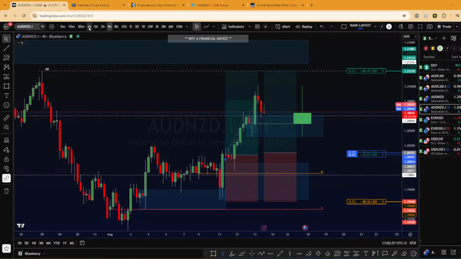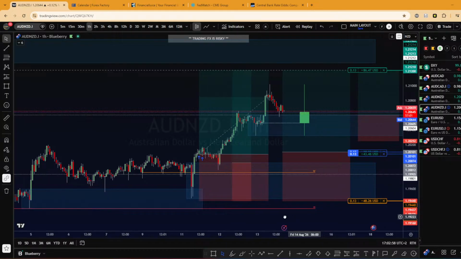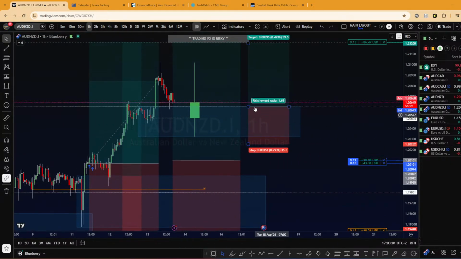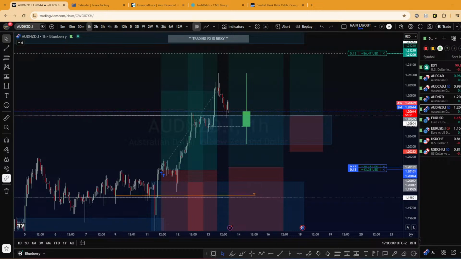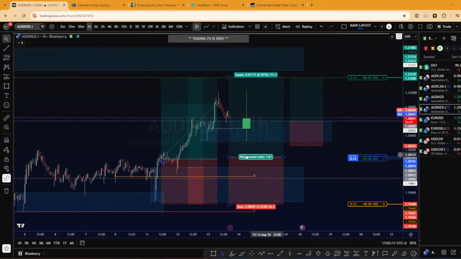I'm also waiting to add on this one. If I see some rejection, maybe tonight or tomorrow somewhere here, I will be happy to add another position to target the same target, with the stop just around here.